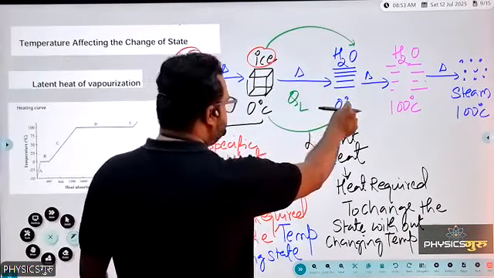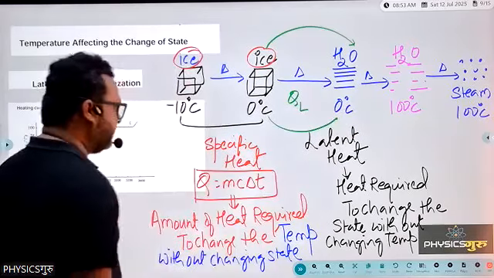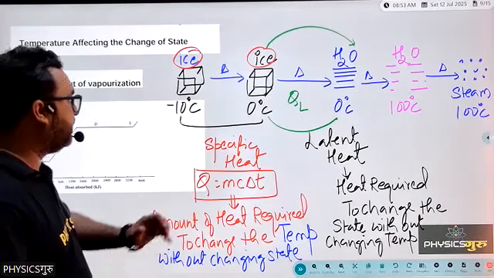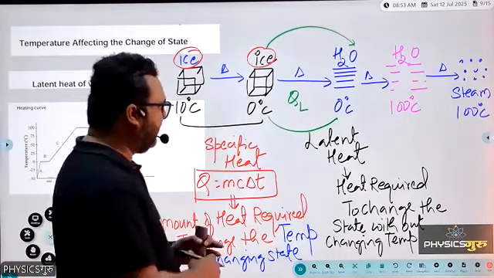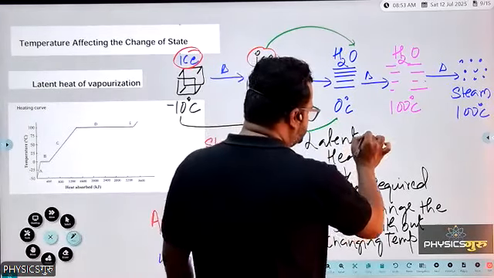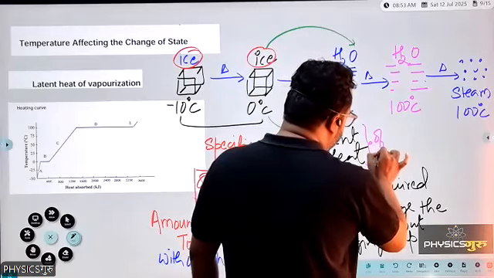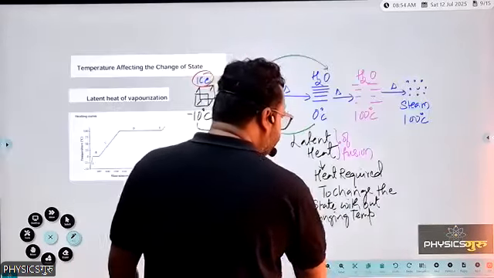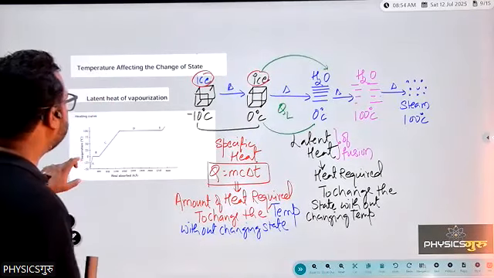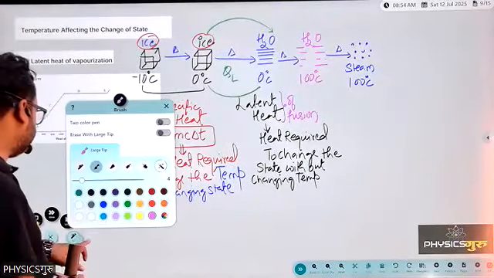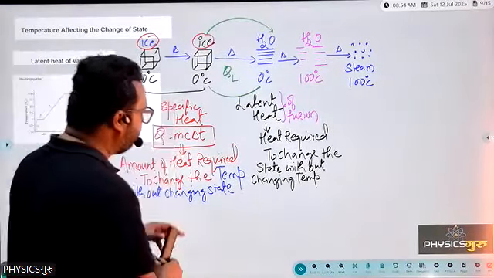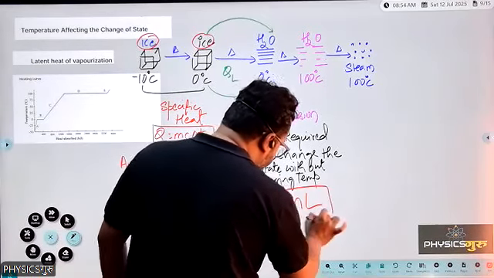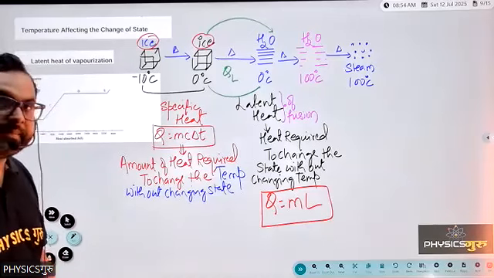So it is called latent heat. In this particular example, we are converting ice to water, so it is called latent heat of fusion. And the formula to calculate latent heat of fusion is Q is equal to mass into latent heat, Q is equal to mL.